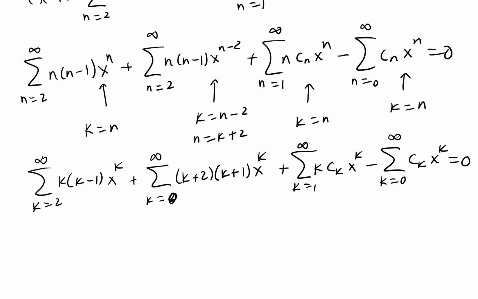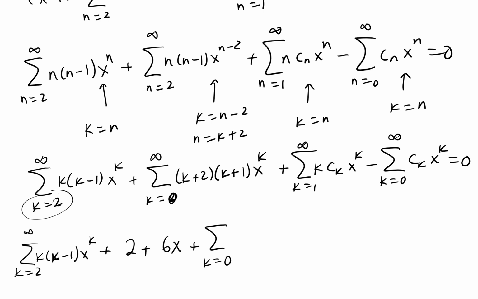Now we need to get the bounds to start. The largest starting point is k equals 2, so for that one we don't do anything; keep it as is. For this one, we take k equals 0, which gives 2 times 1, which is 2, and x to the 0 is 1. And we also take k equals 1, which gives 3 times 2, which is 6, x. Then the sum from k equals 2 to infinity, and keep this the same, starting at k equals 2.